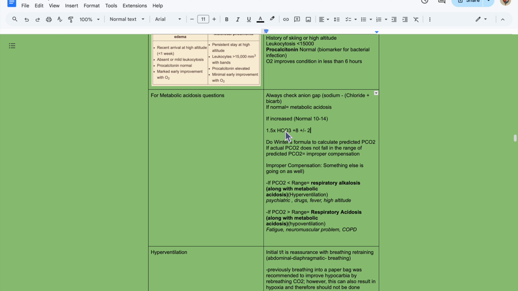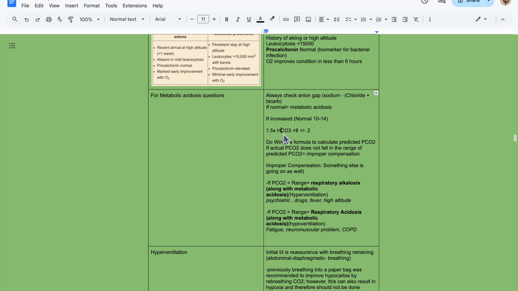Say bicarb is up to 8, how much should it be, like 30 for instance, right? So if the lab value lands anywhere from 28 to 32, then it's properly compensated. But if it gets either lower or higher, then it's incompensated, right?